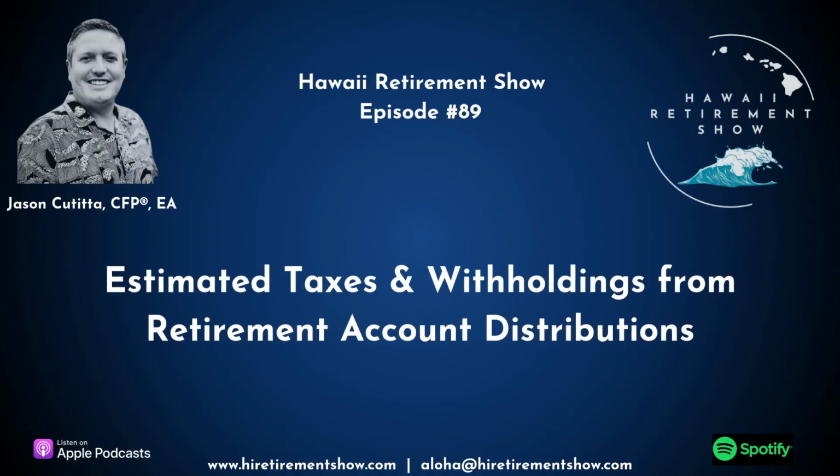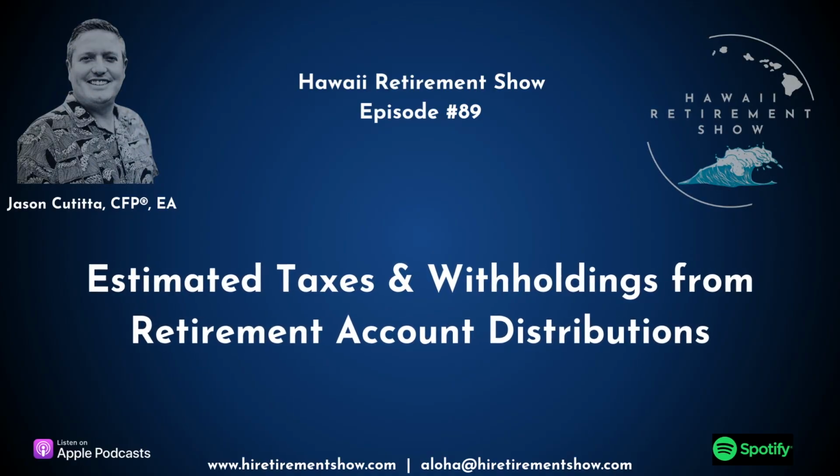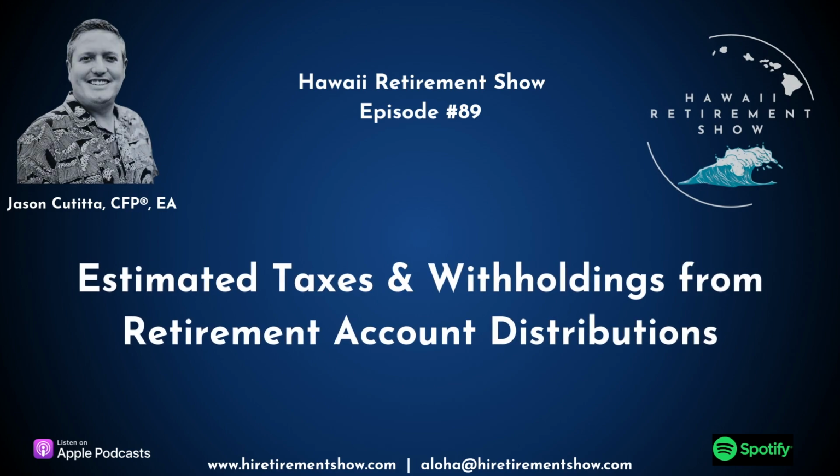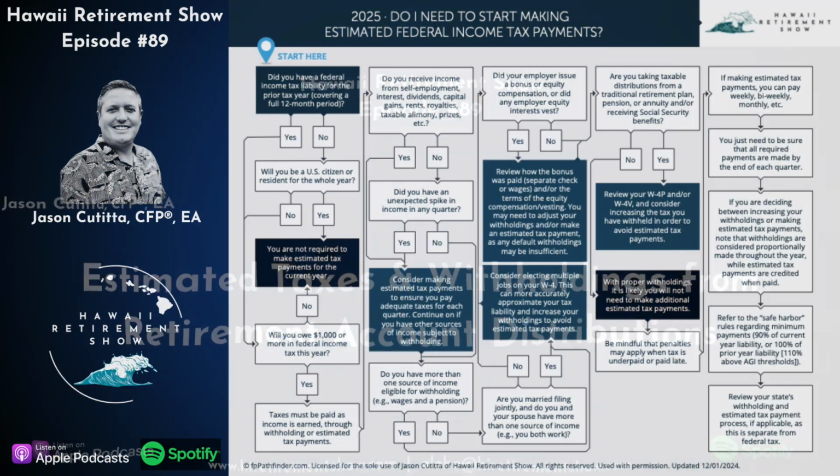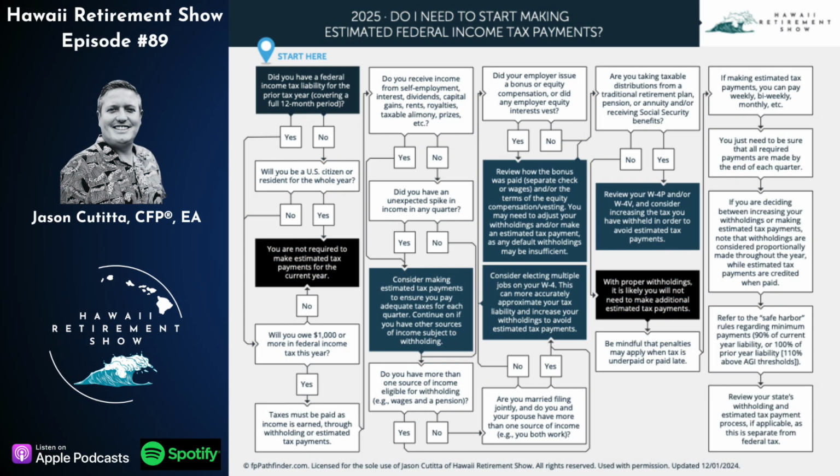The key point that I want to hammer home here is the IRS treats taxes withheld from retirement account distributions, okay, so we're talking TSPs, 401(k)s, IRAs, 457s, 403(b)s, those withholdings are deemed as pro rata, paid evenly across all quarters, regardless of when distributions actually occur, right? So if you take a distribution in the fourth quarter and you withhold, whatever, $10,000 in taxes, right? It's a big distribution.